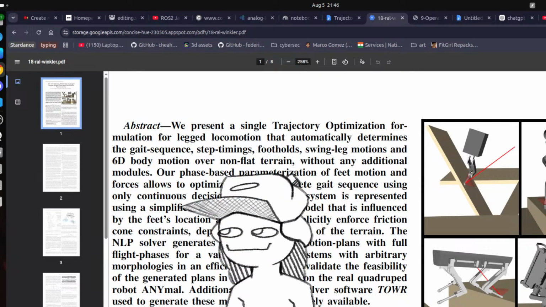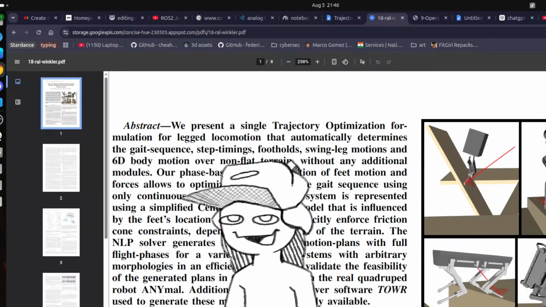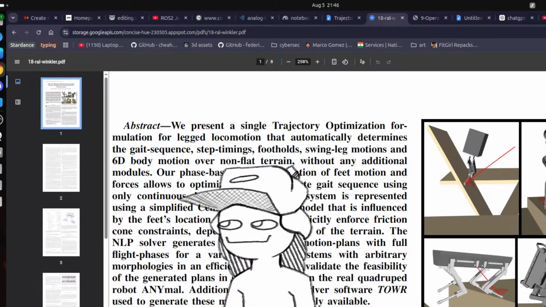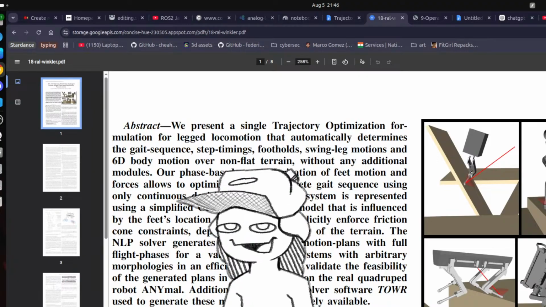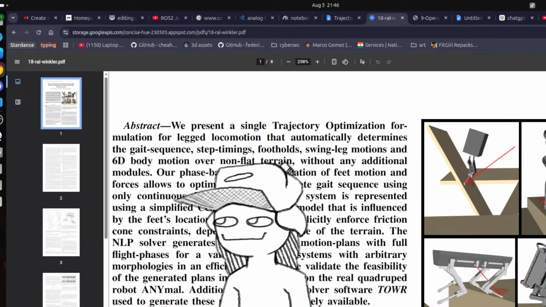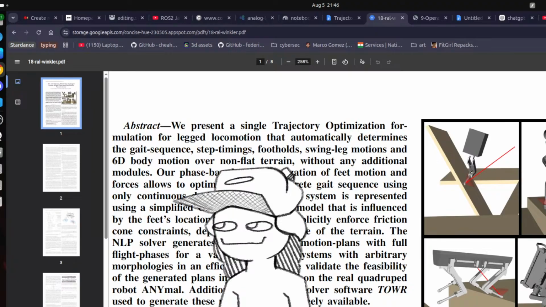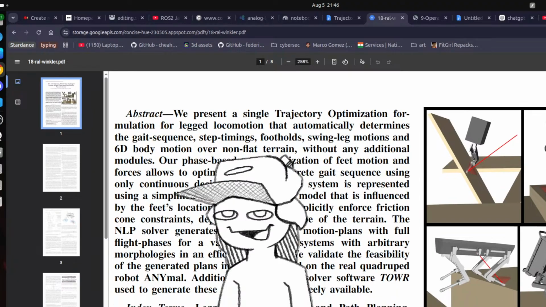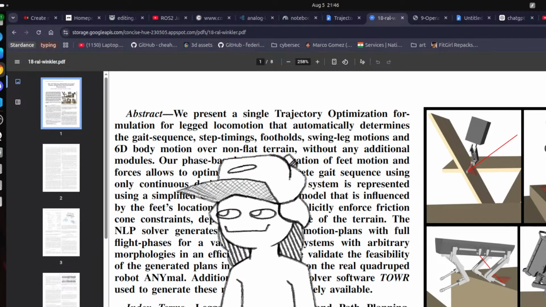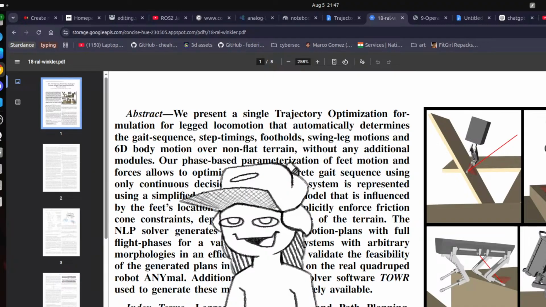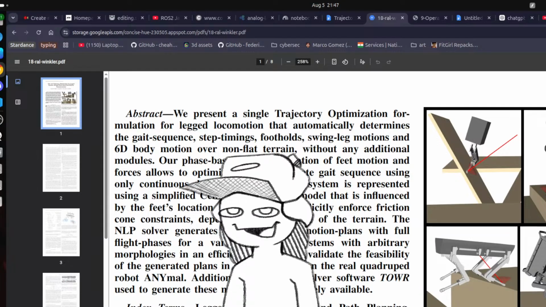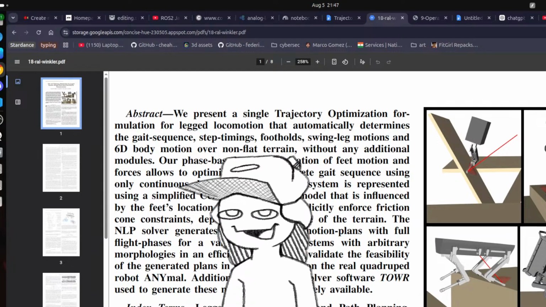And they had a phase parameter, like a delta t phase parameter, that when put into that function would give you the state of the robotic legs. Because that would generate direct equations that could be fed into an NLP solver. So that is how the NLP solver generates dynamic motion plans.